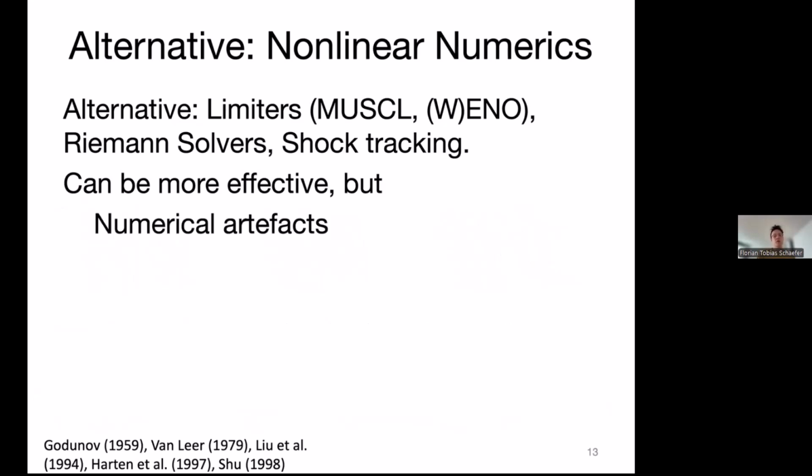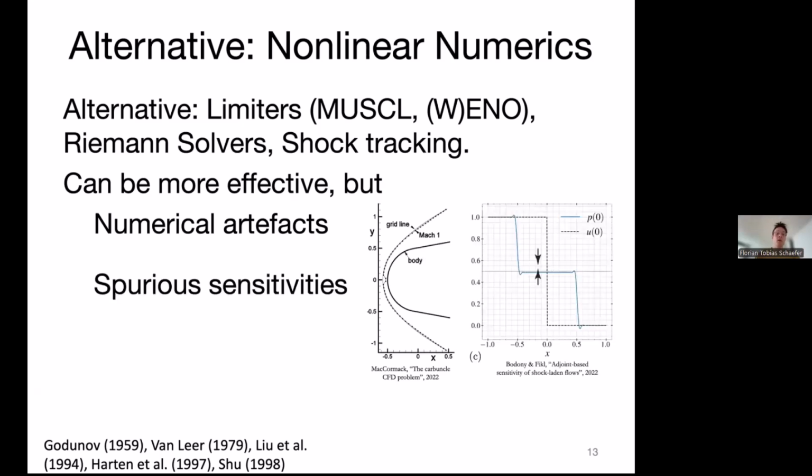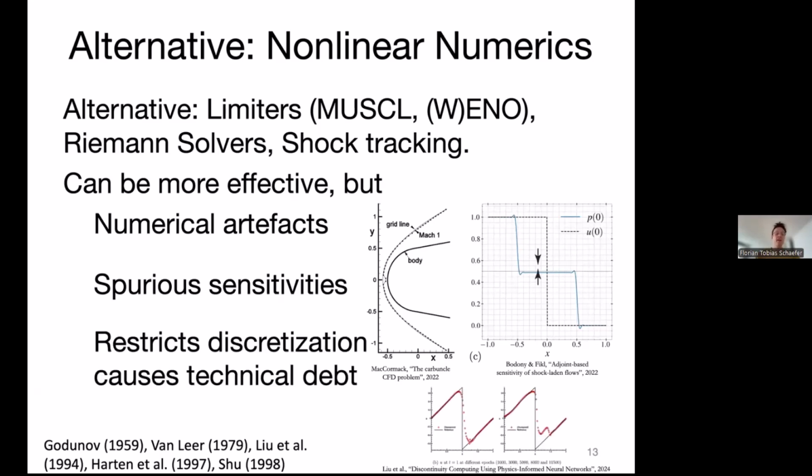They are oftentimes practically quite useful, but there's still sometimes issues with numerical artifacts that arise from these nonlinear numerical methods. There can be spurious sensitivities if you're interested in differentiating through the solution, for instance, for design optimization. And finally, there's a certain type of technical debt associated with building our shock treatment into the numerical method, because it means that each time we want to develop a new numerical method, we have to reinvent the wheel for how we deal with shocks.